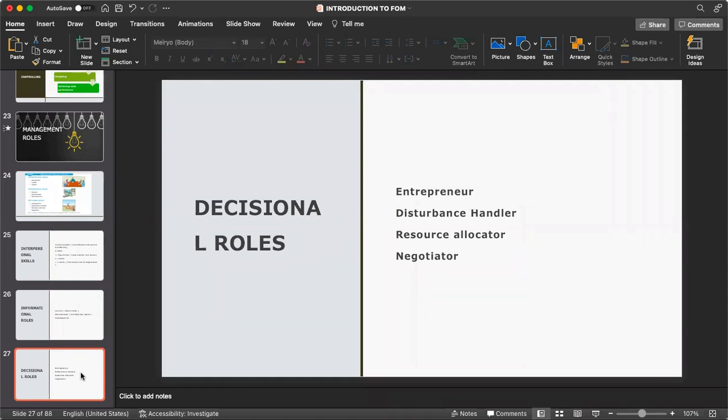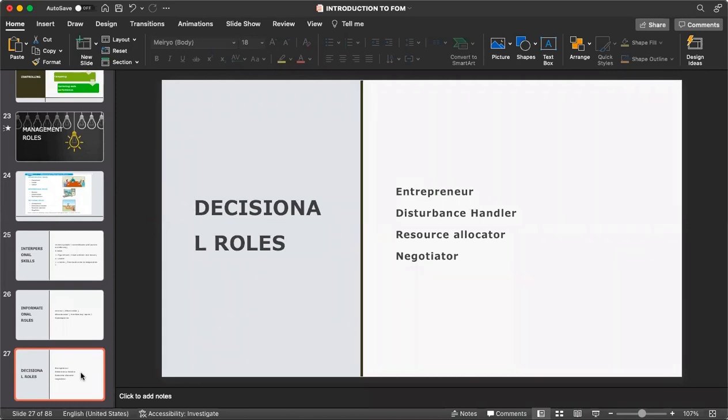Then we have the disturbance handler. Disturbance handlers are the middlemen between two parties, or multiple parties, or usually between two parties. Whenever a conflict arises, they are the ones who will mediate between two persons and give the resolution.